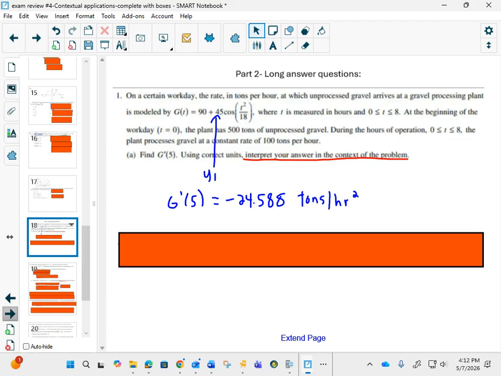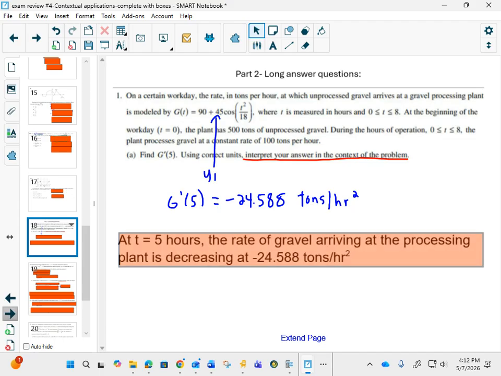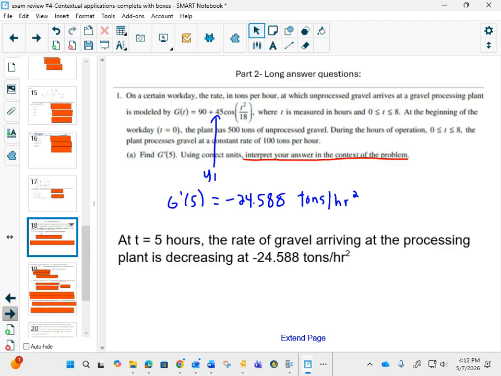So in the context of the problem, what do we need here? We need to say at t equals 5 hours, this is a rate. It's the rate of gravel arriving at the processing plant is negative 24.588 tons per hour, which means that it's decreasing.